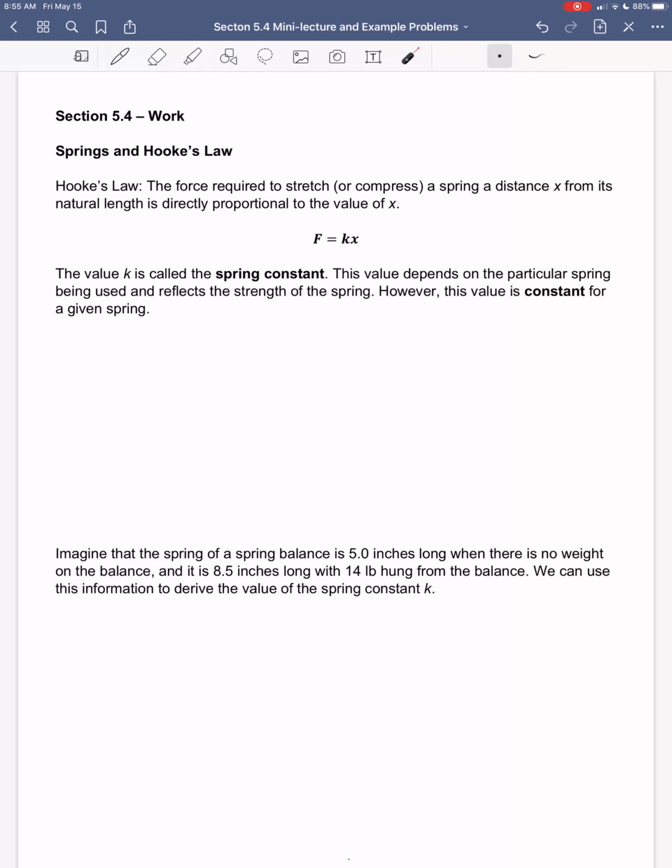So what am I really talking about here? What does this look like? Well, maybe we have, it's not looking much like a spring. Okay. So we have this spring here, and then we stretch it out.